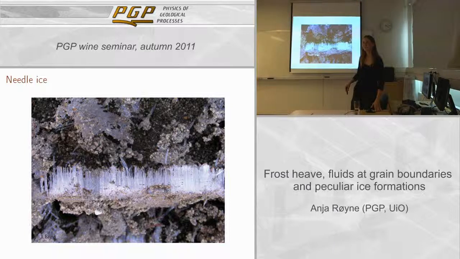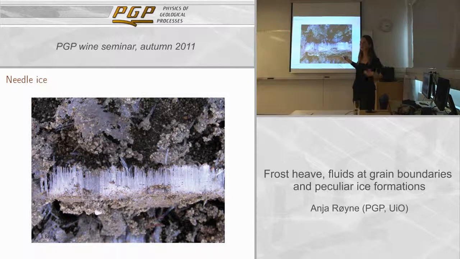And then I just wanted to show you a few nice examples of things related to this pre-melting and water in porous media. So needle ice can form on soils or just below a layer of soil, for instance, and then you have these needles and some grains on top, and you can walk on it and it crunches. This is also because of the porous material underneath.